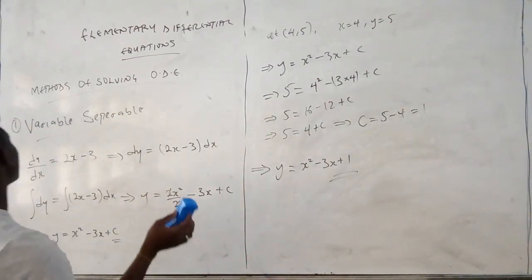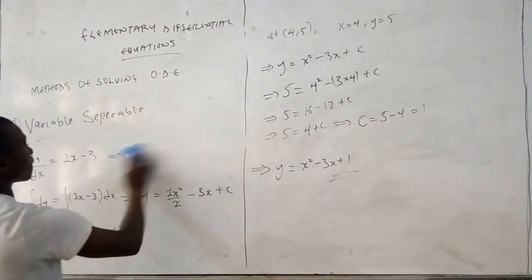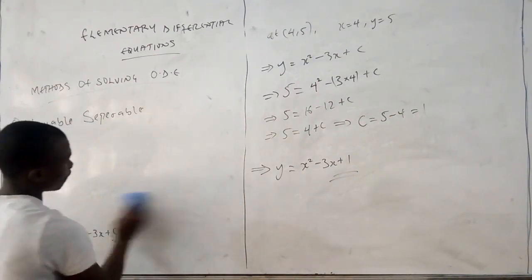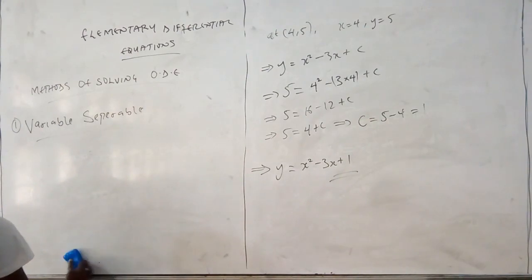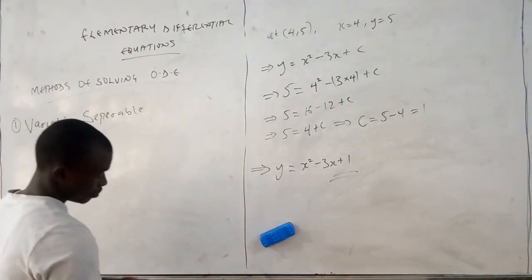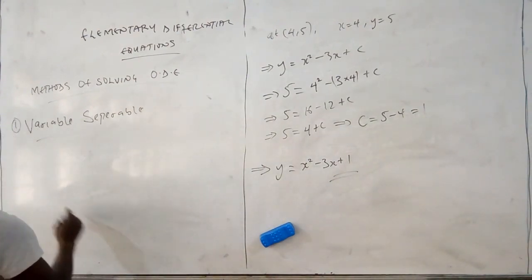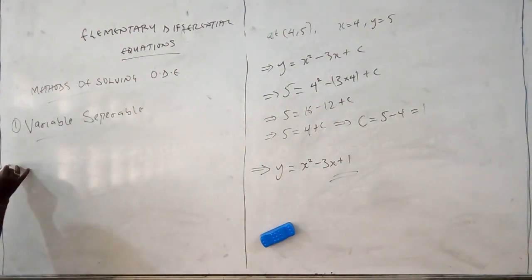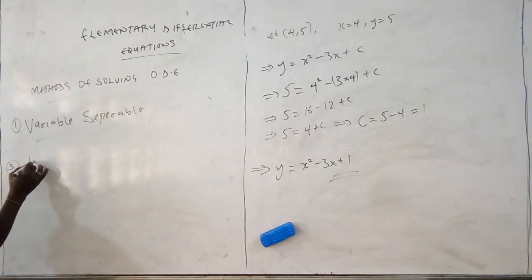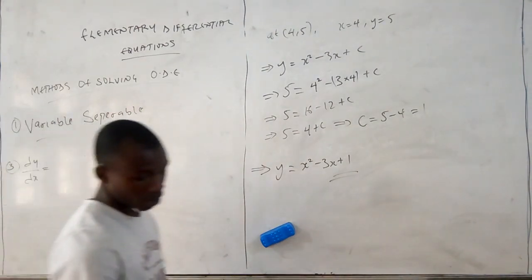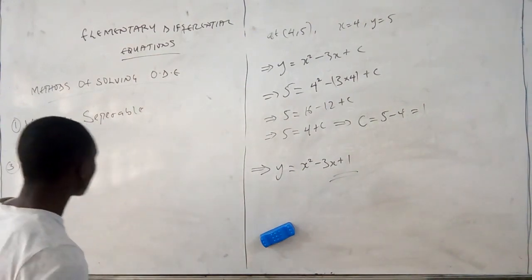Let's take a little bit complicated one and see. These are all more of the basics. So if you are given dy/dx is equal to, let's use a trigonometry function, sec square y.